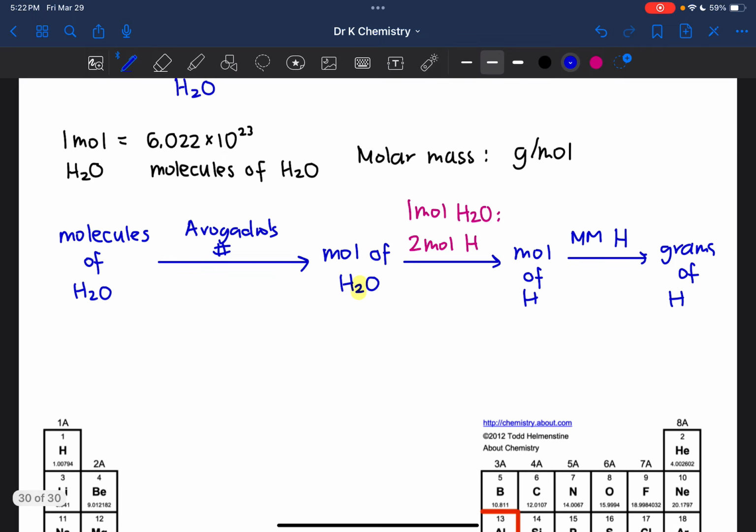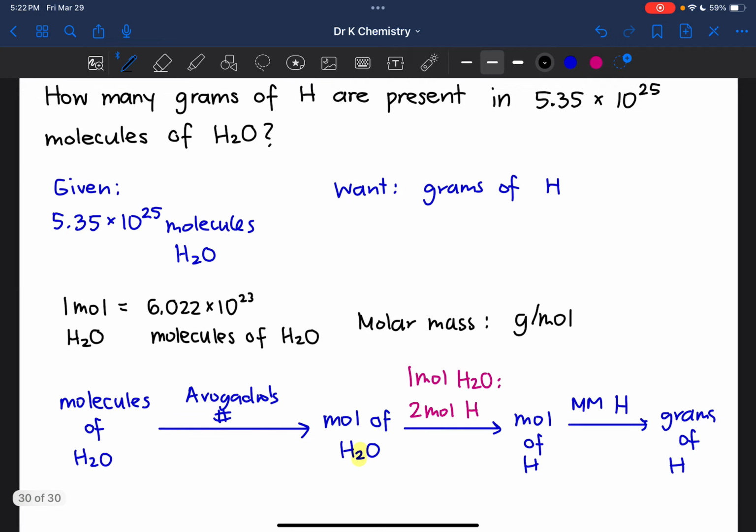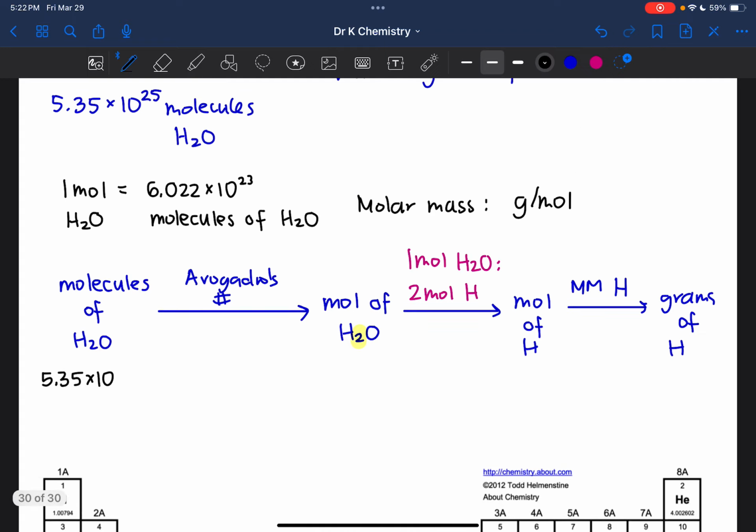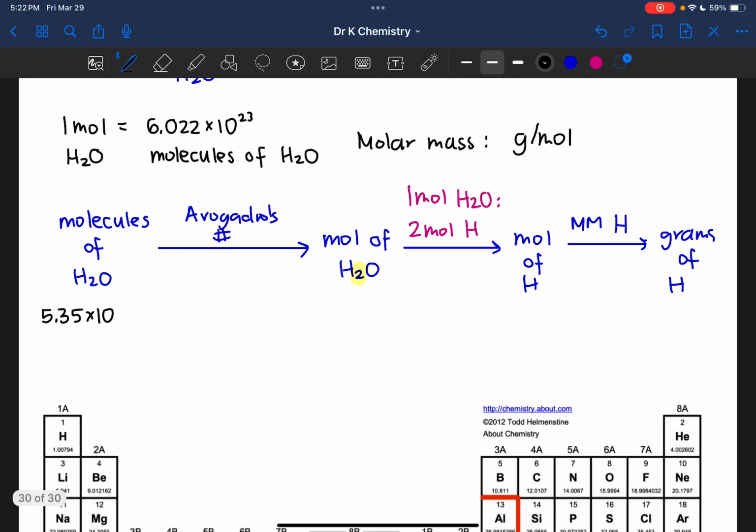So it's giving us molecules of water, and it looks like we had 5.35 times 10 to the 25. Okay, so the first thing I want to do is get to moles of water. So we're in this pathway right now.